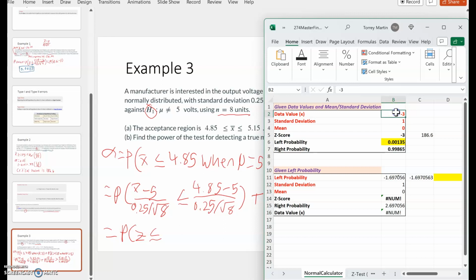Oh, wait, sorry, it's supposed to go up here. There we go.